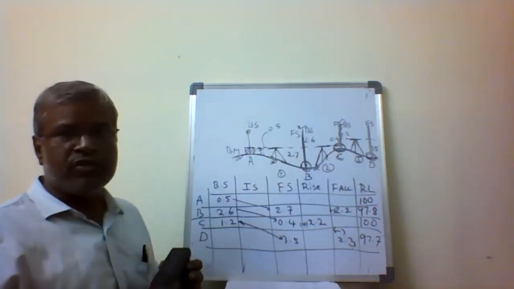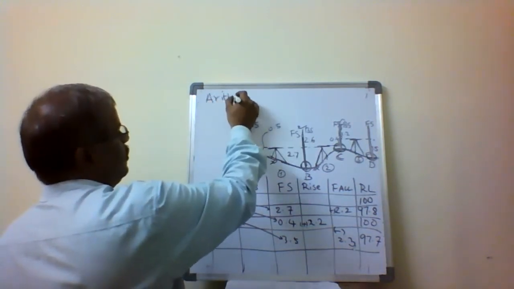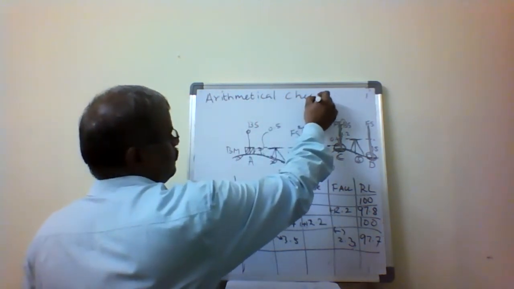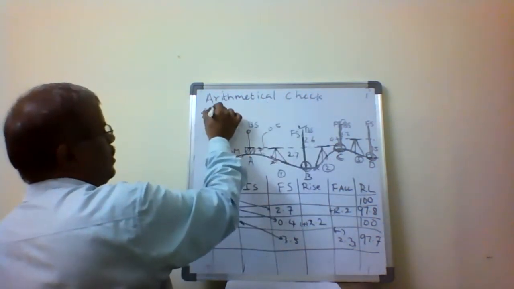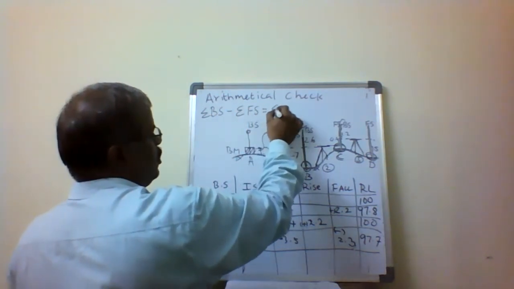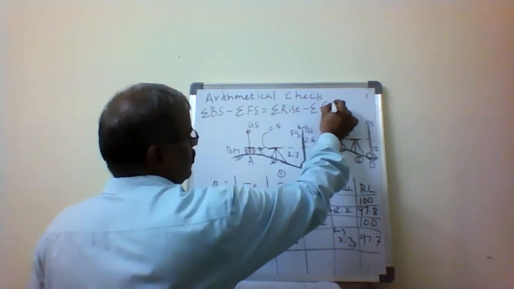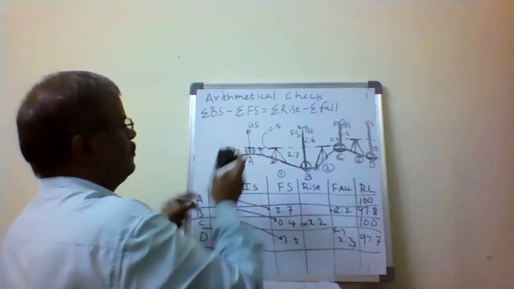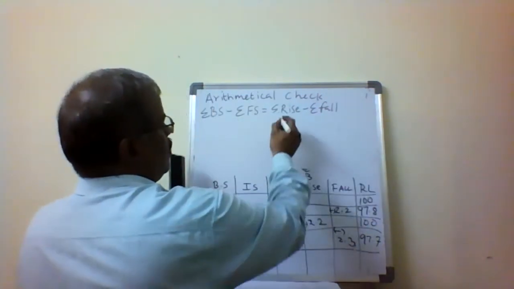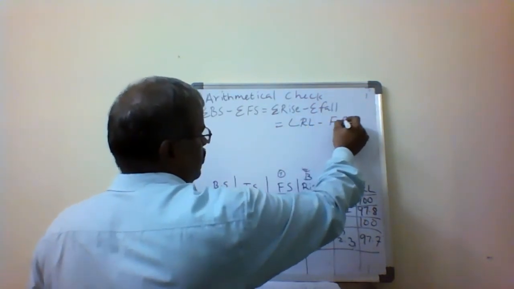Now here also there will be the arithmetical check. Sigma Bs minus sigma Fs equals sigma rise minus sigma fall, which equals LRL minus FRL.